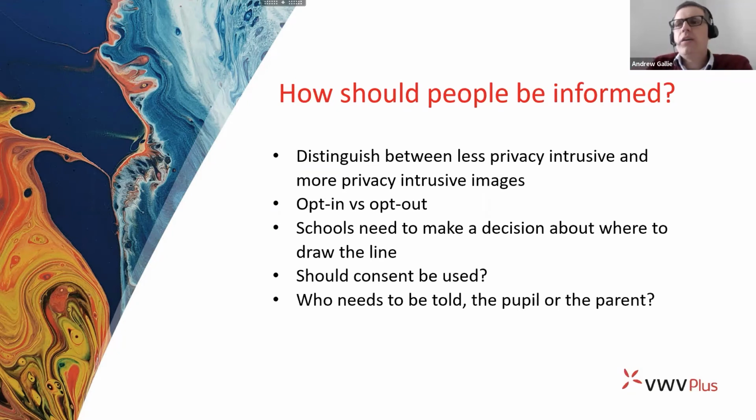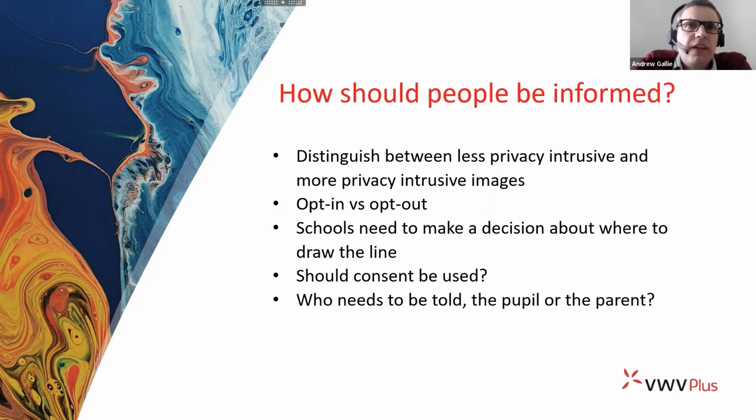Quite often it's pretty obvious whether something falls into the less privacy intrusive or more privacy intrusive category, but there are all sorts of uses of images that fall into the middle category, where you could argue that on the one hand it's not very privacy intrusive, but equally it is for these reasons. And so schools need to make a decision about what sort of photos they put in the opt-out and opt-in category.